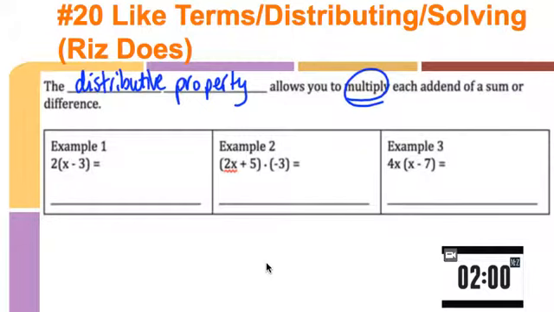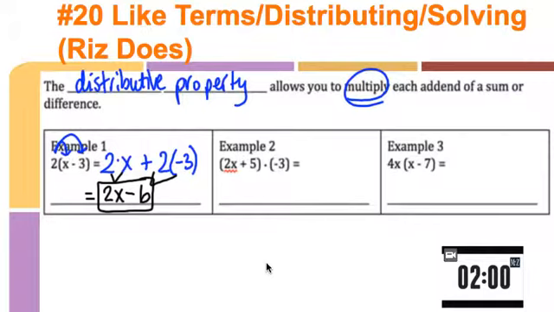So 2 multiply x and 2 multiply negative 3. Okay? So now at this point, I can simplify things. I can say 2 multiplied by x, that's just 2x, and 2 multiplied by negative 3, that's just negative 6. These are not like terms, so I can't simplify it anymore, and that's my expression.